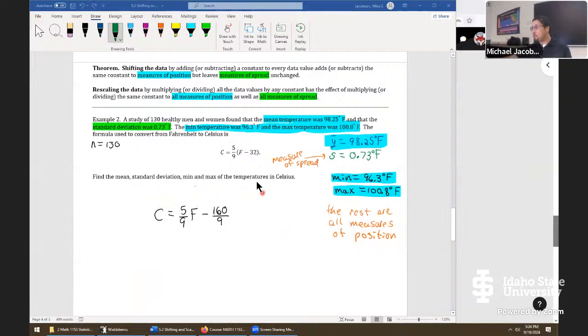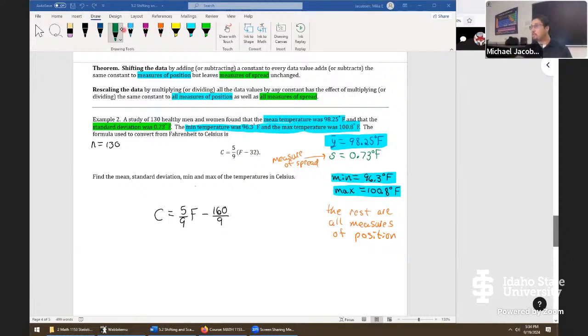But for the moment, what we did was take this formula, which is totally fine for most purposes but not in this situation, and we had to distribute 5/9 through the group. So we had 5/9 times F, 5 times 32 is the negative 160, then divide by 9.